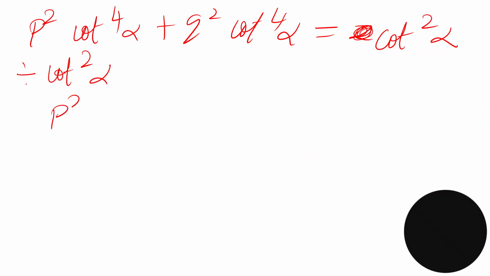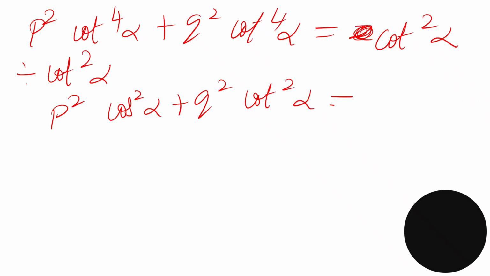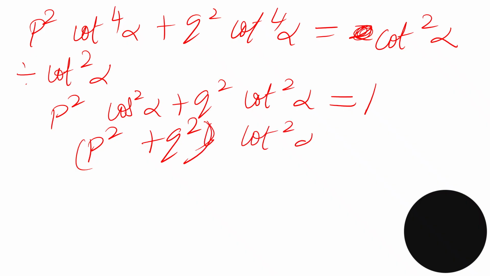What will you get? p square cot square alpha plus q square cot square alpha equal to 1. Take cot square alpha common, equal to 1. So p square plus q square equal to 1 by cot square alpha.